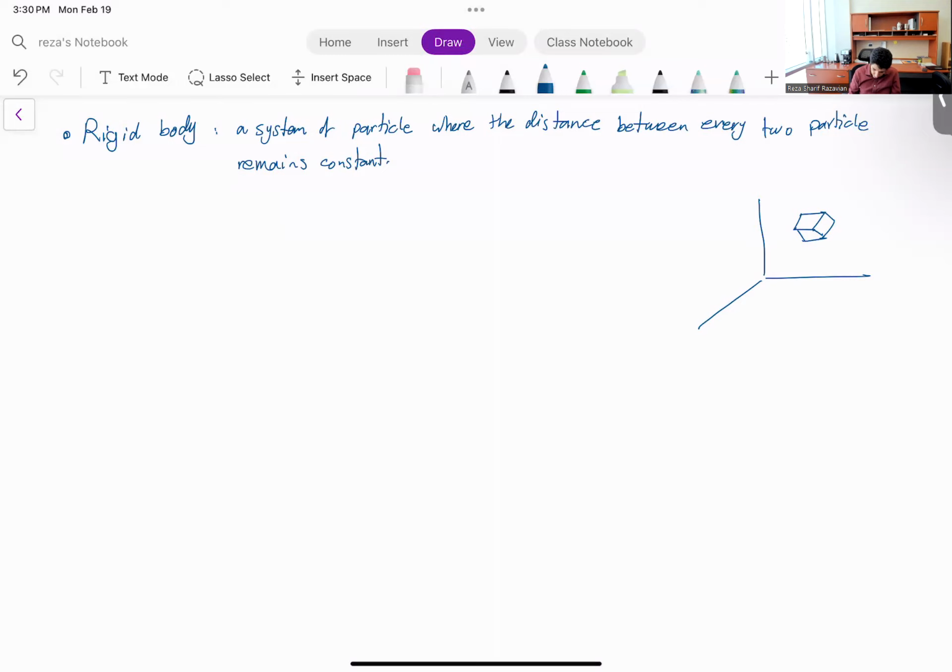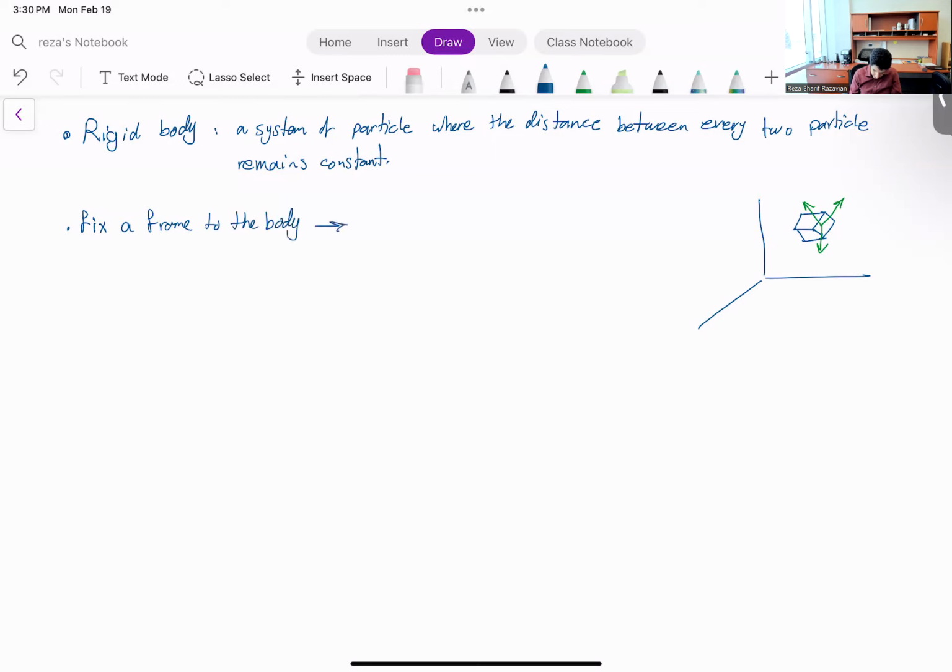What we can do is essentially attach a frame somewhere on the body. So fix a frame to the body.